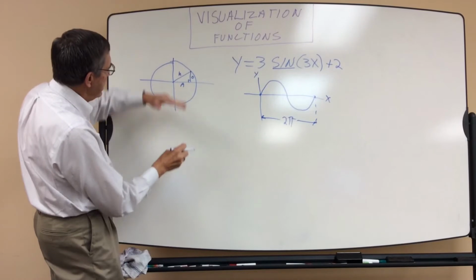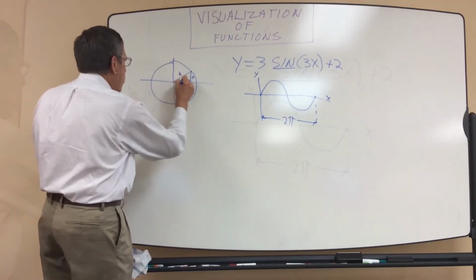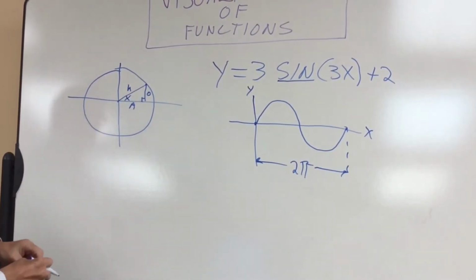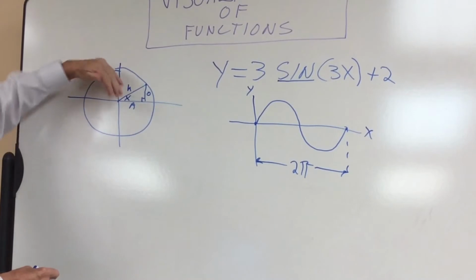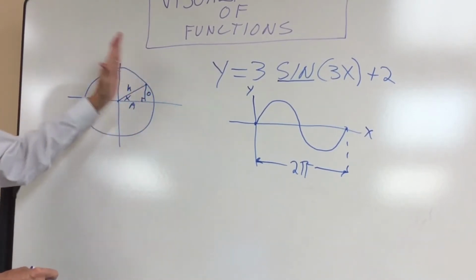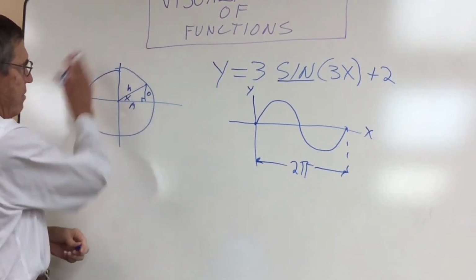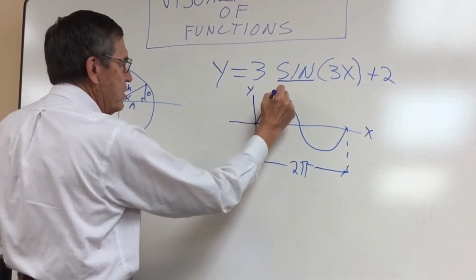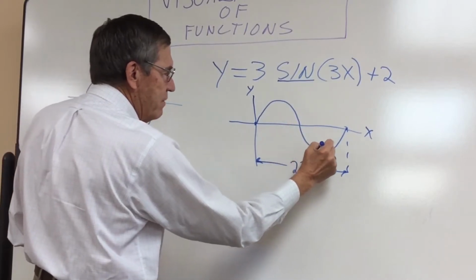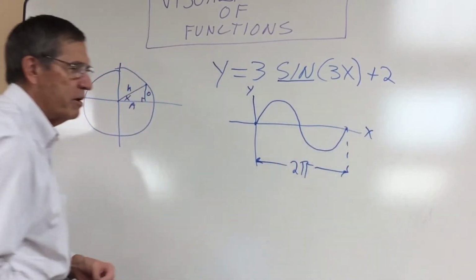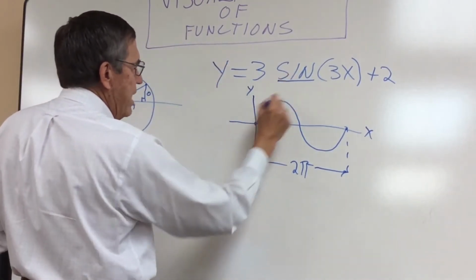As you would rotate this around the circle, and let's call this the angle x, which is our independent variable, we would see that one trip around the circle would bring us right back to where we started, okay? And as we go around this circle, the sine function goes up, comes back down to the x-axis, then goes negative, and then comes back, and that would be one complete cycle. So the general class of this function is sine, and it looks like that.